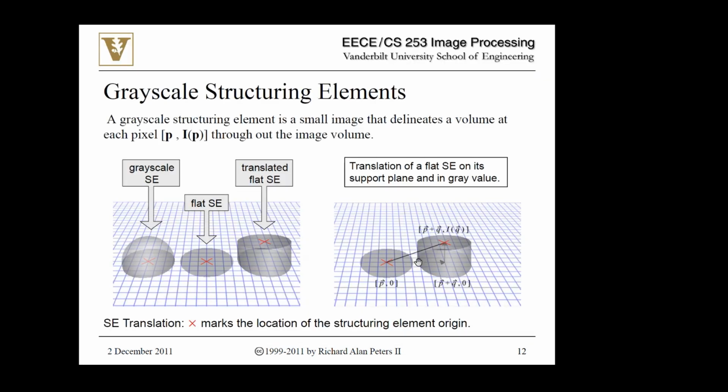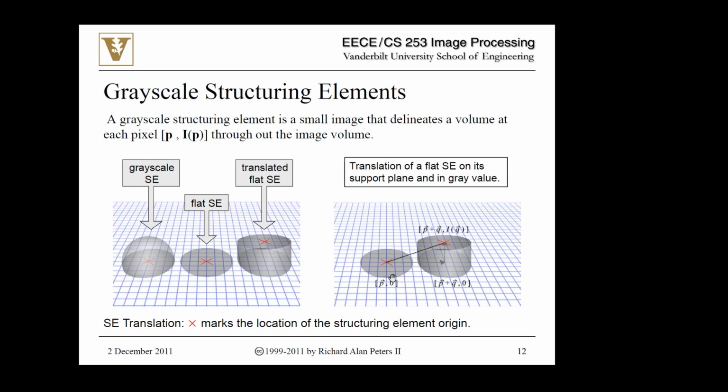Okay, so let's say that we have this set, which is the structuring element, and we want to shift it to this location. So that will be a different location, and there will be a shift in height. So this will be the new set, P plus Q, I of Q, because originally the set was flat.